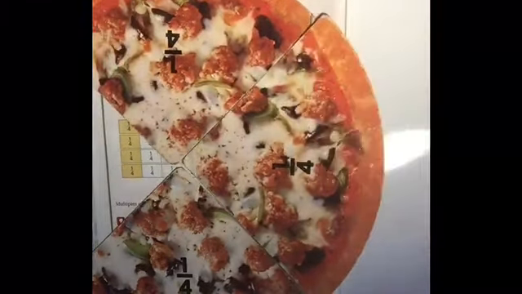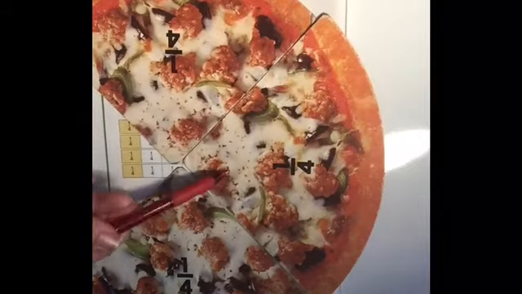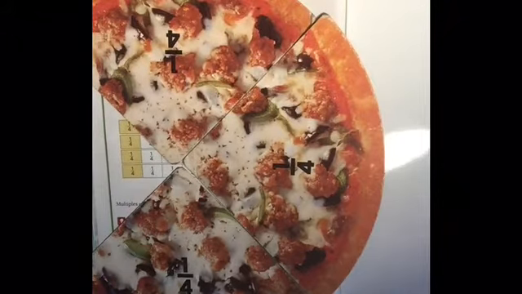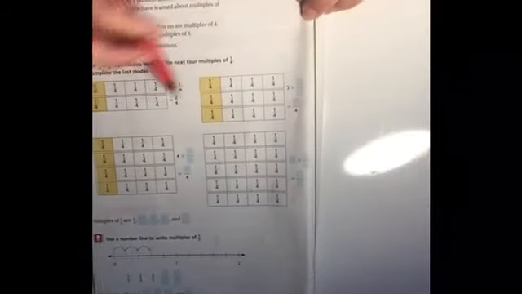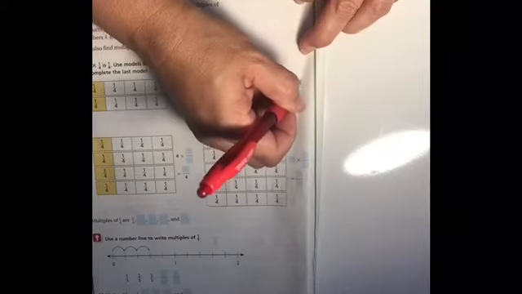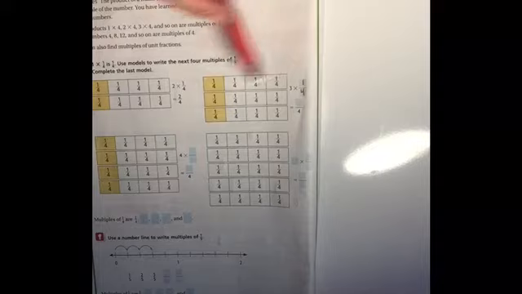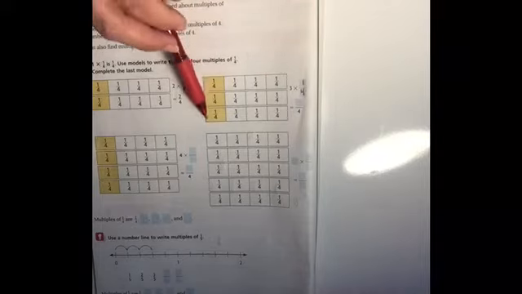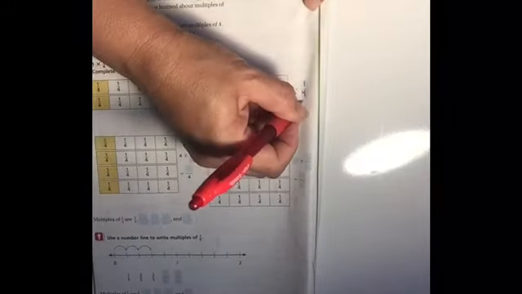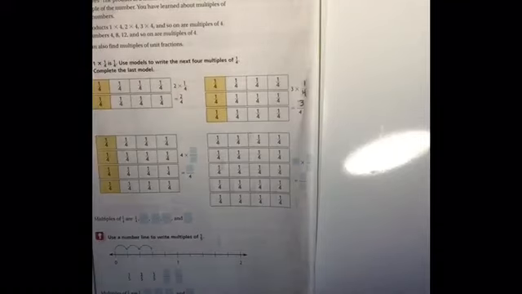And if you were doing repeated addition, you could go 1/4 plus 1/4 plus 1/4, which would equal 3/4 also. So coming back to my page, I can say 3 times 1/4, and 3 times 1/4 equals 3/4.